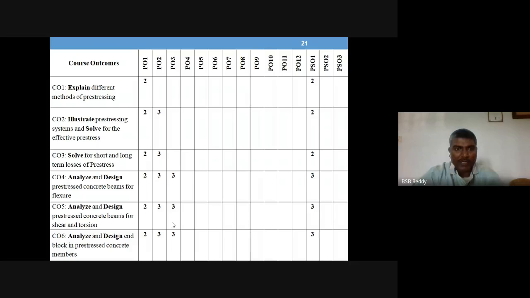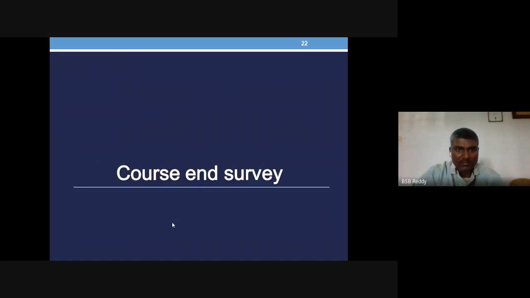And there will be mapping of how each course outcome is linked to the program outcome specified by NBA, AICTE, so how each course and course outcome contributes to your program outcomes. This table shows that.